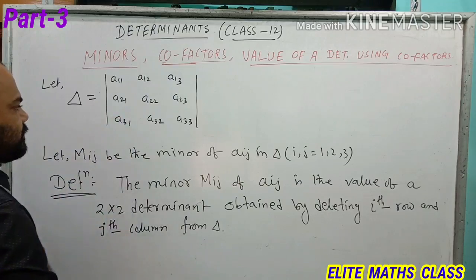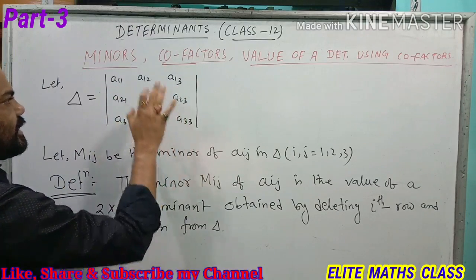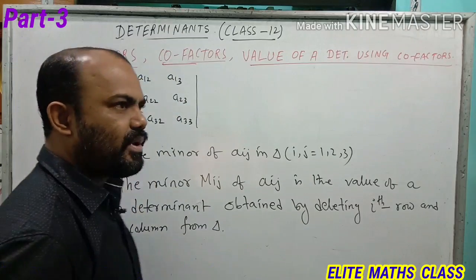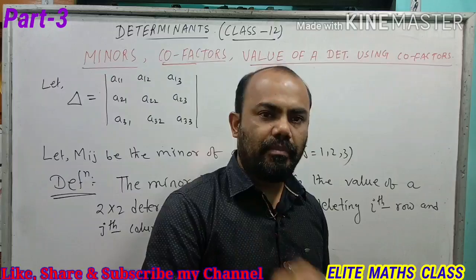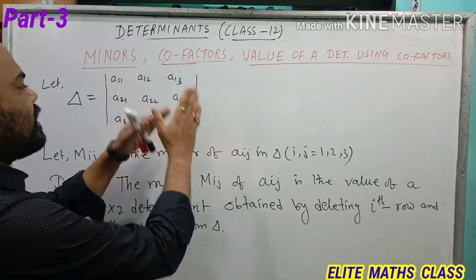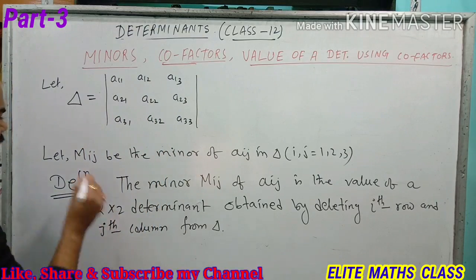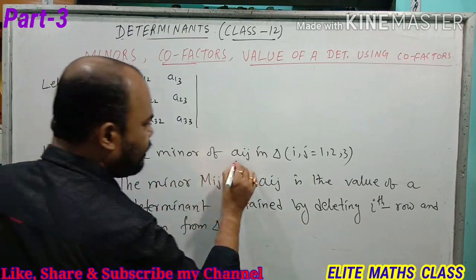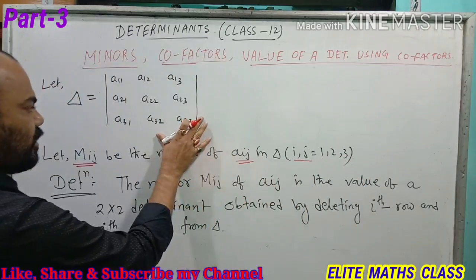Now what is minor? Before that, how many elements are there? There are 9 elements in a determinant. Every element has its own minor. That is, as there are 9 elements, every element having its minor, there will be 9 minors. So in general, let us take Mij to be the minor of Aij. i and j vary from 1 to 3 as it is of order 3.